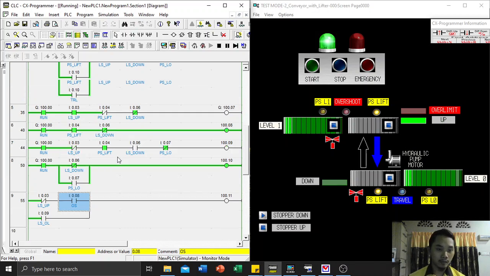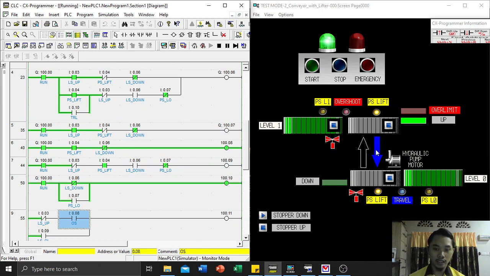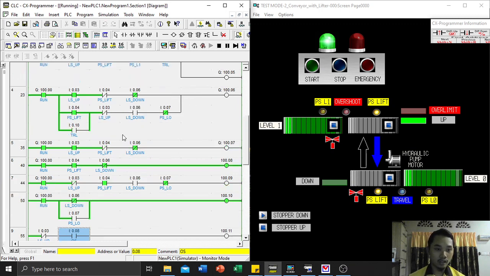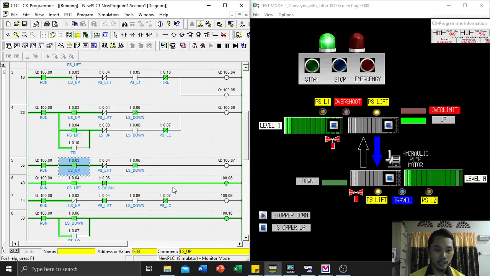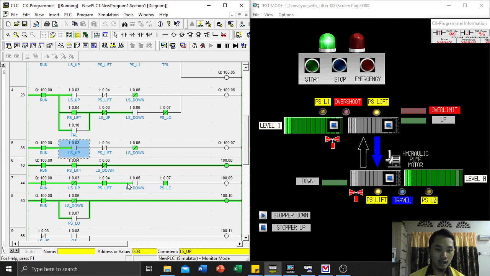Then when the table lifter is going down, the limit switch up will not be activated anymore and will turn off, until the limit switch down is activated, which means the lifter is finished at the down position.